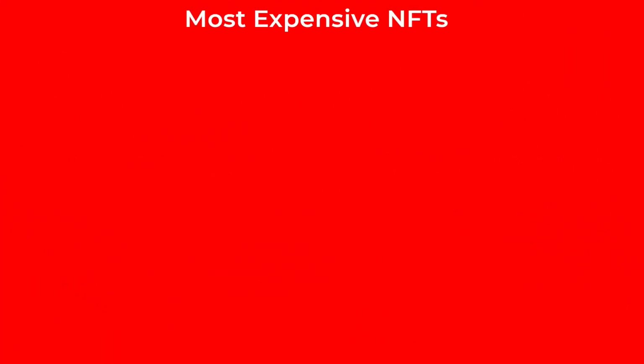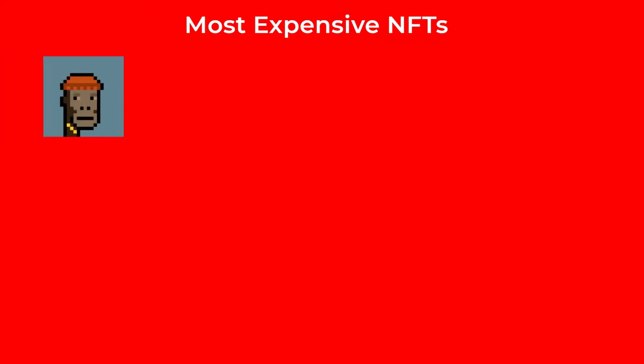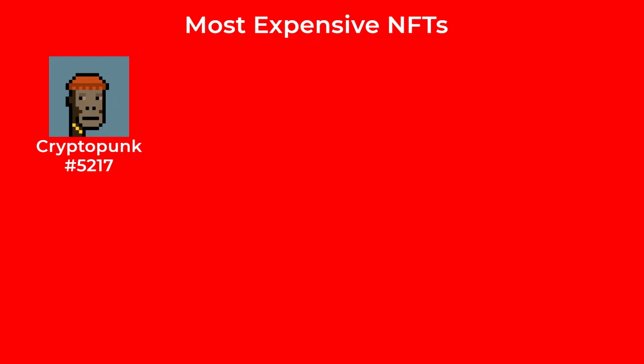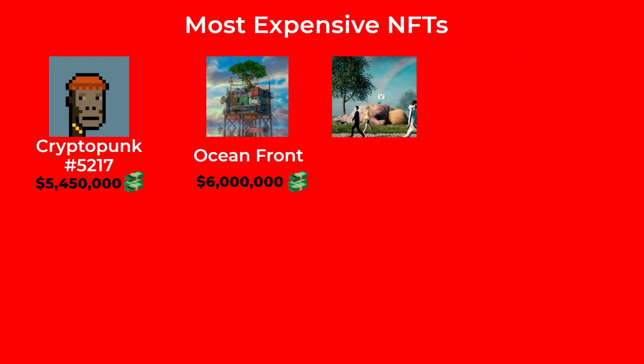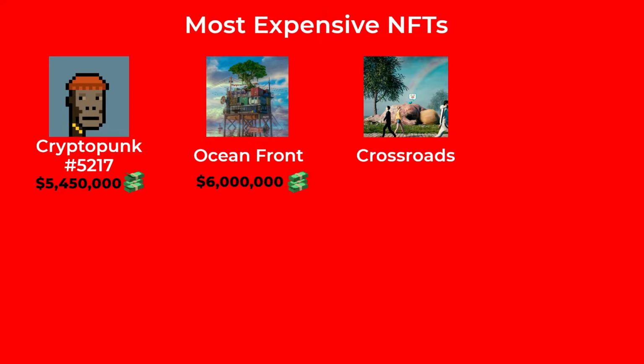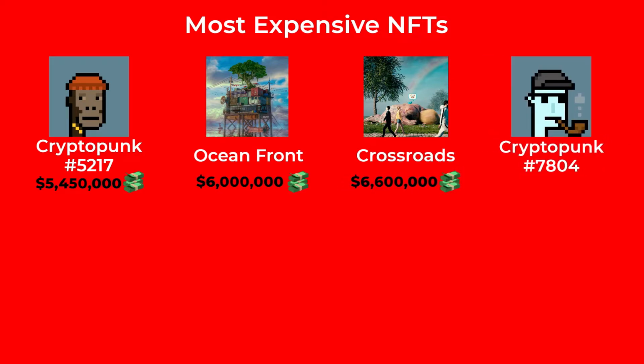Let's now go over some of the most popular NFTs in the world and the prices they sold at to give you an idea of how expensive NFTs can go. We have the CryptoPunk number 5217, sold for $5.45 million. The Oceanfront artwork by Beeple sold for $6 million. Next, we have the Crossroads, also by Beeple, sold for $6.6 million. CryptoPunk number 7804 sold for $7.5 million.